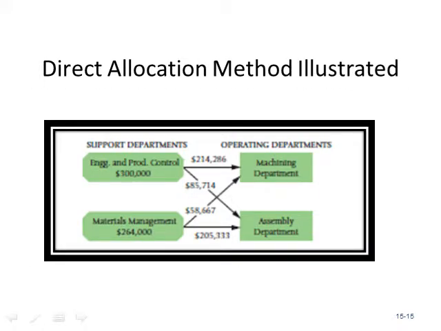So in the direct allocation method, we would simply allocate from the support departments, that is the engineering and production control, goes only to machining and assembly, and the materials management goes only to machining and assembly. You see no lines between engineering and production control and materials management.